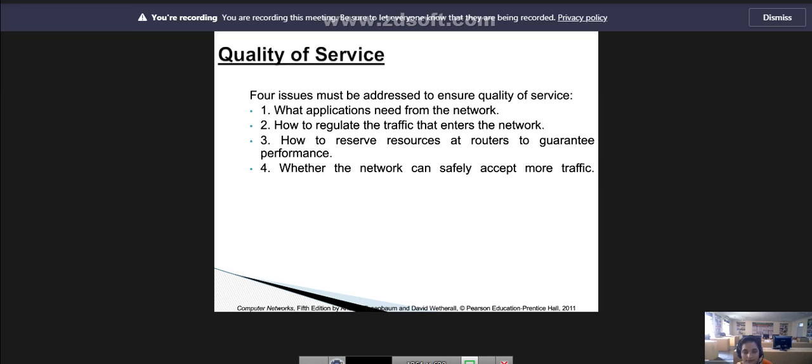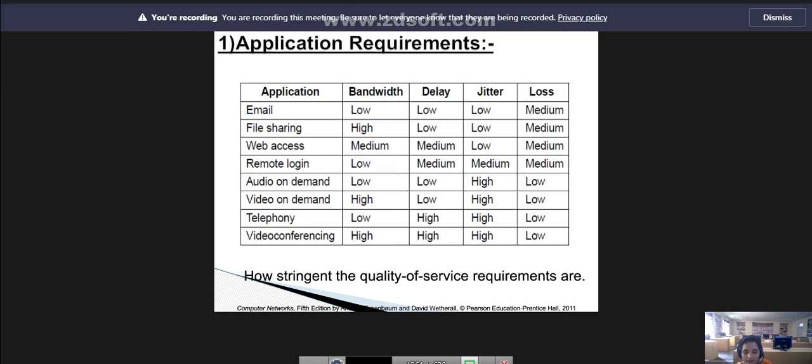The first one is the application requirements. A stream of packets from a source to a destination is called a flow. A flow might be all the packets of a connection in a connection-oriented network, or all the packets sent from one process to another process in a connectionless network.